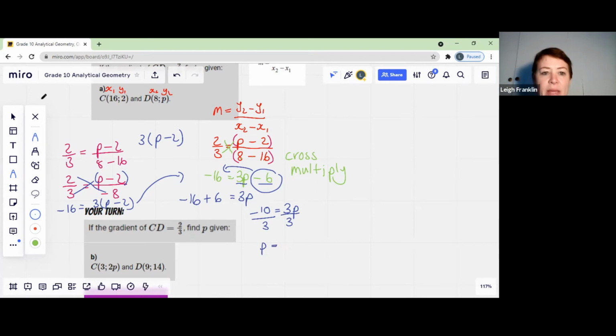Our coordinate at P, our second y coordinate, is the value minus 10 over 3. Is that okay, grade 10s? Is that making sense? Cool, David. Anybody got any questions?